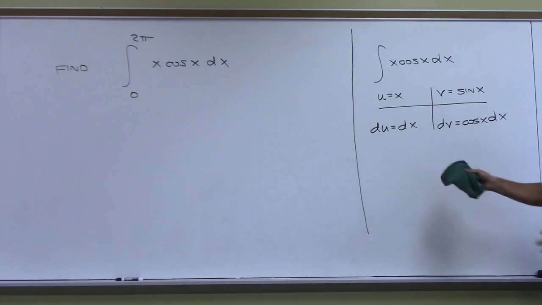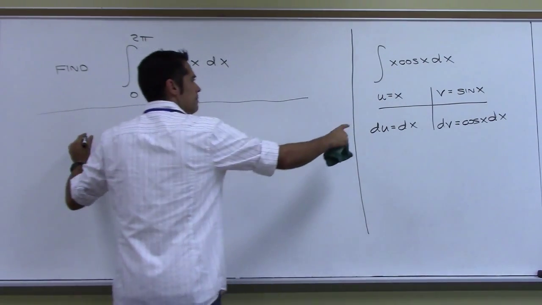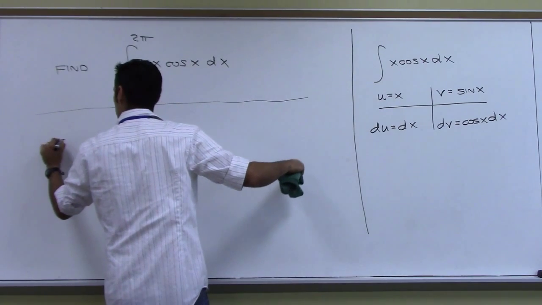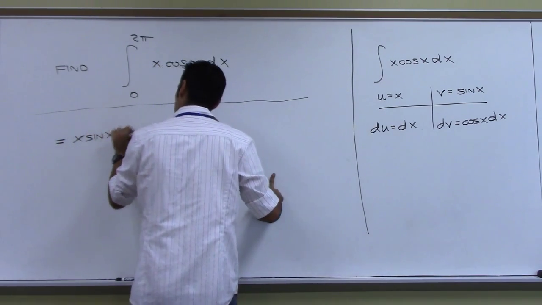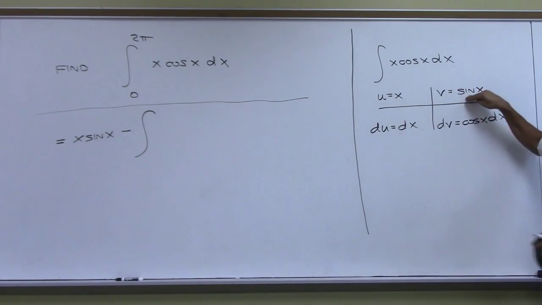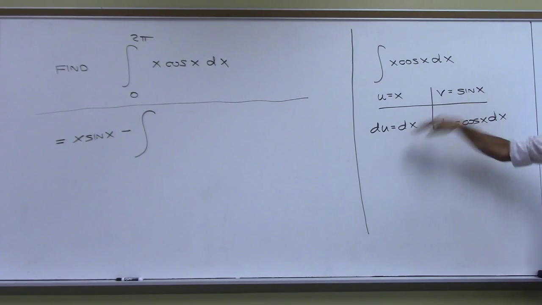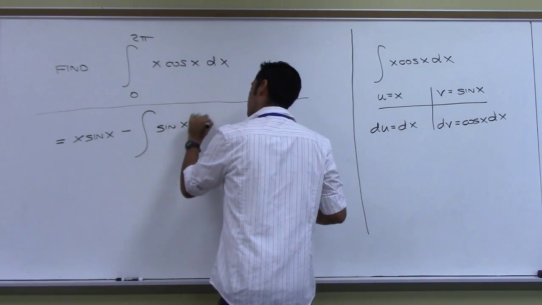And so this part, I'm not working with this yet, right? I'm still over here. This integral becomes equal to u v, x sine x, minus the integral of v du, right? Which is sine x dx. And now you have to be able to integrate sine.